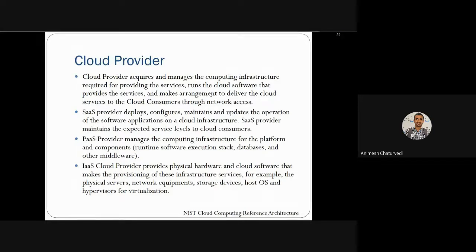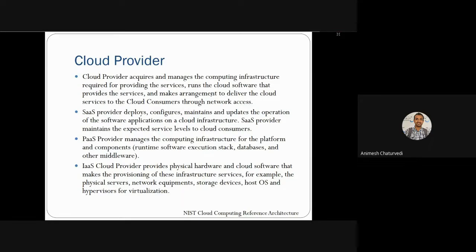Who are these cloud providers? These are of three kinds, and we discussed these three kinds. Like what is a PaaS provider? Google App Engine is provided by Google, so in this case Google is the PaaS provider. Similarly, for Ruby on Rails, Engine Yard provides an environment for deployment of applications.